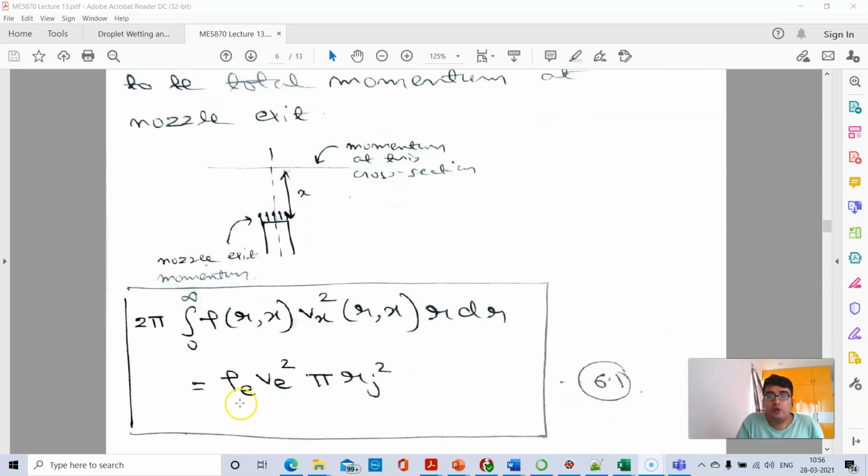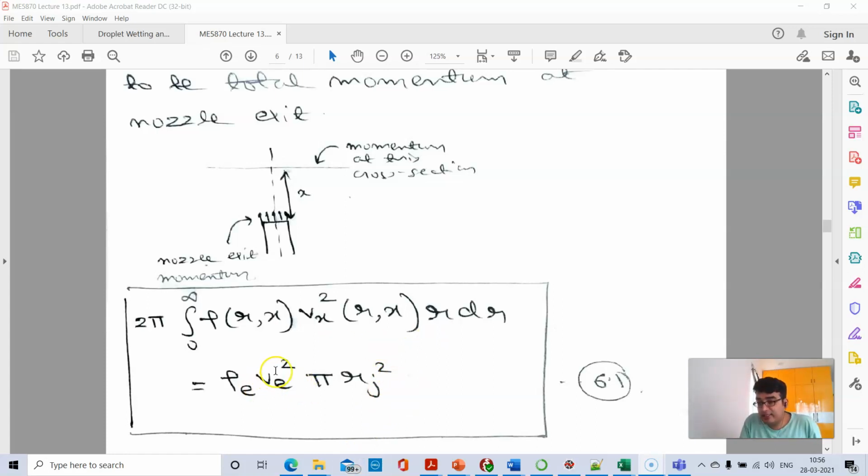Now the total momentum at the nozzle exit plane is rho e Ve square pi RJ square. In my notes, instead of capital R, I have used RJ, the radius of the fuel jet. It is just a different notation, nothing else.